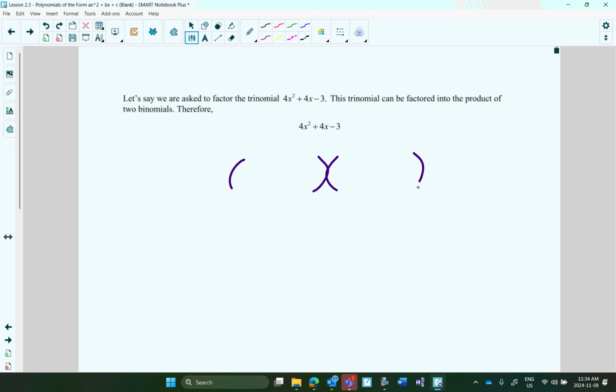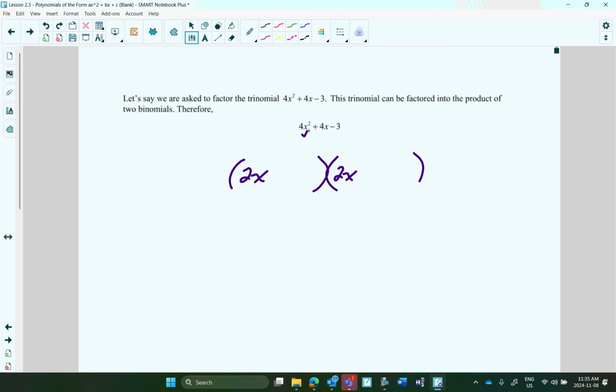What two expressions multiply to get this? 2x and 2x, or 1x and 4x. Question is, which one should I try? One of them will work, the other one won't. Little bit of advice, always try the pair that are closer together. So 2 and 2 are closer together than 4 and 1. So let's try 2x and 2x.